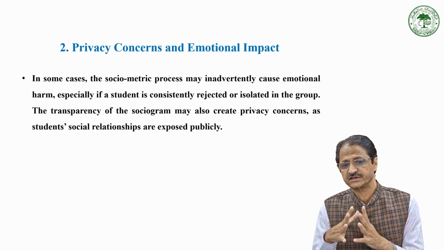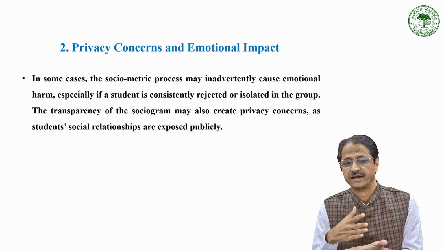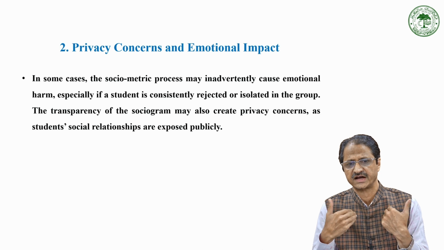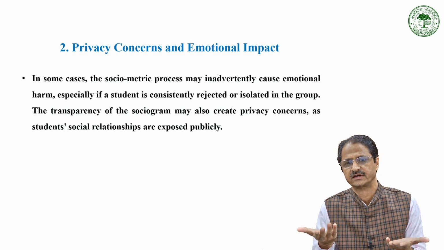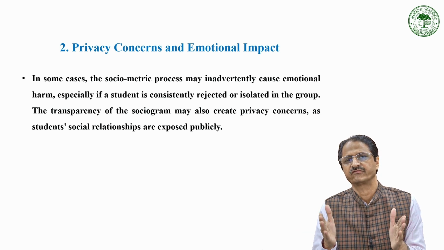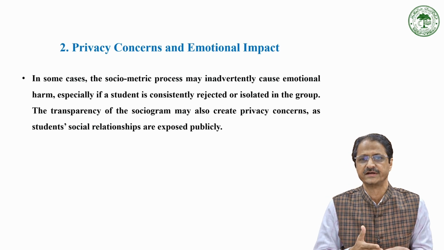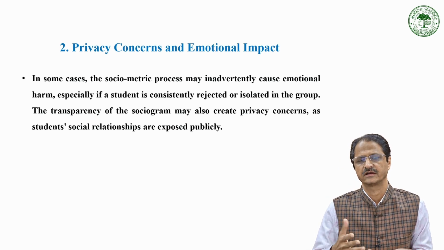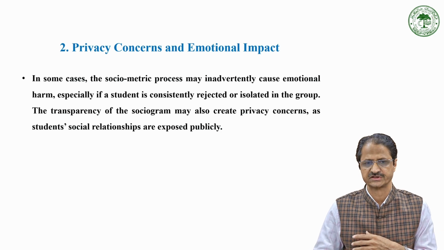The transparency of a sociogram may also create privacy concern as students' social relationships are exposed publicly. These aspects can go outside the classroom and the person will be labeled as isolate, labeled as mutual pair, labeled as clique, or sometimes as stars.